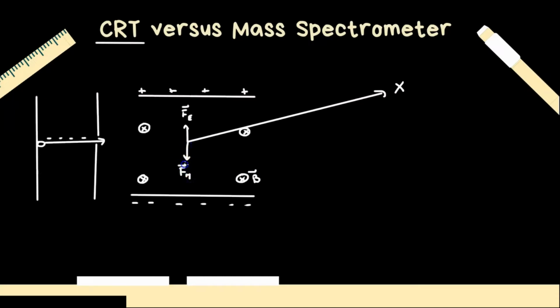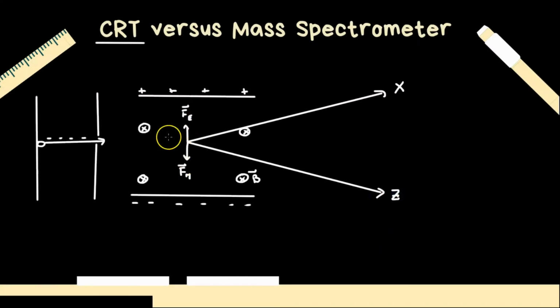Now, if you're interested in how I know it's downwards, let me know in the comments and I'll create a video going over all the right-hand rules for electromagnetism. But for now, based on the cross product, you know that the direction of that magnetic force will be perpendicular to both the velocity and the magnetic field. And so let's say it gets deflected down towards Z.